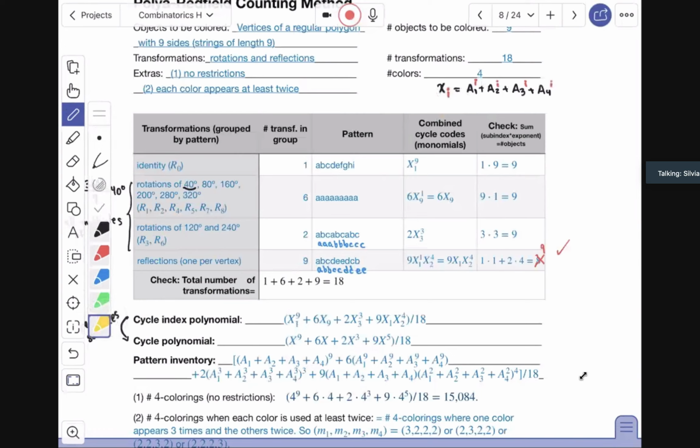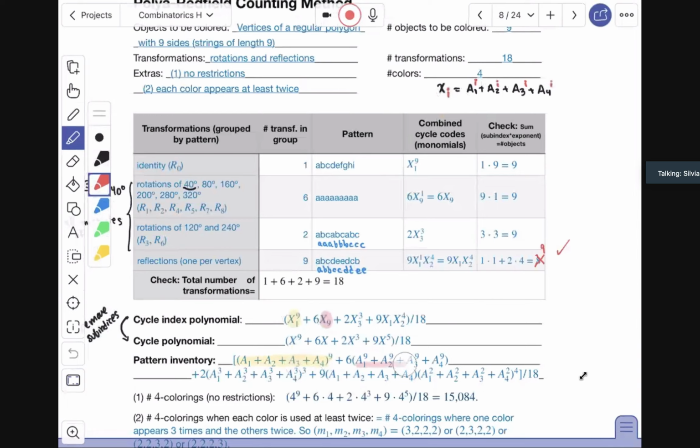This x1 right here, this x1 to the 9, is this one right here. x1 was replaced by the sum of A1, A2, A3, A4. And then I have this one, x9, you see? The subindex is 9, so now I have 9 powers.